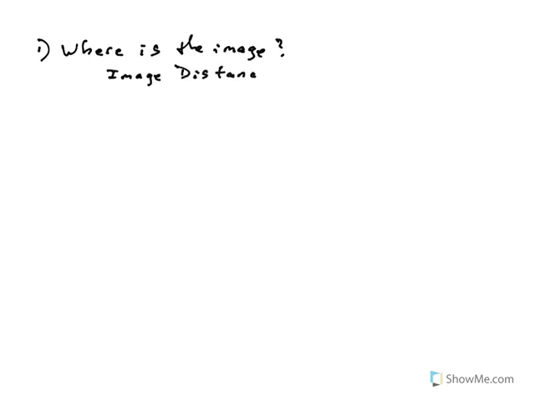And again, what we want to know is, number one, where is the image? That's called the image distance. But we want to know more than that. Number two, is this image real or virtual? And I'll discuss what that means.